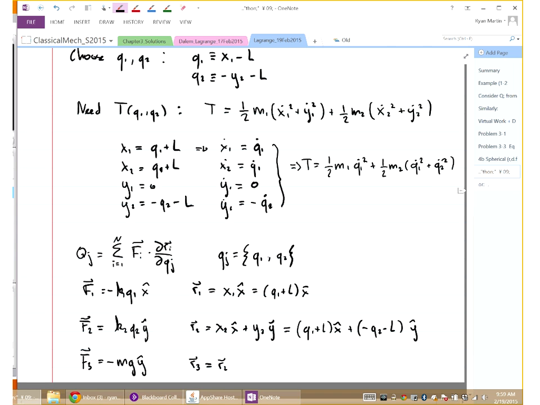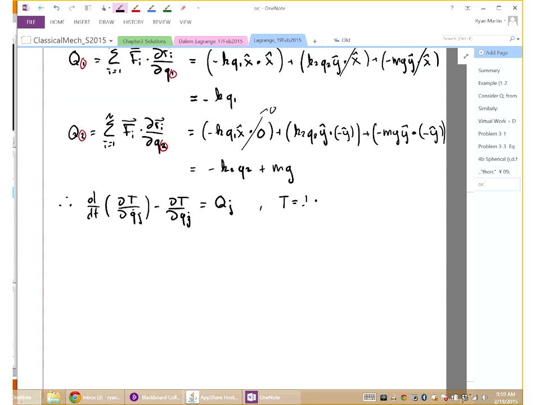Let me group the terms in Q1 and Q2 together. So that's equal to a half (M1 plus M2) Q1 dot squared plus a half M2 Q2 dot squared.